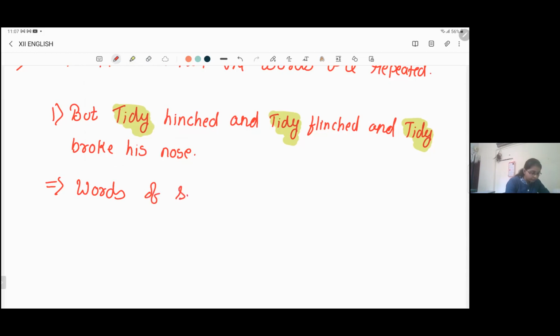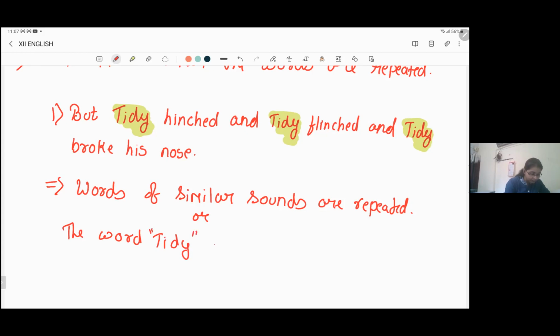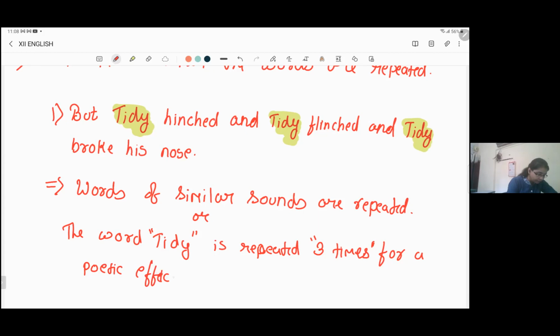Words of similar sounds are repeated. Or you can write, the word Tidy is repeated 3 times for a poetic effect.